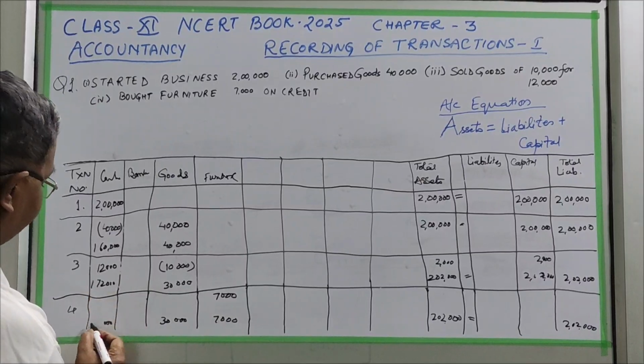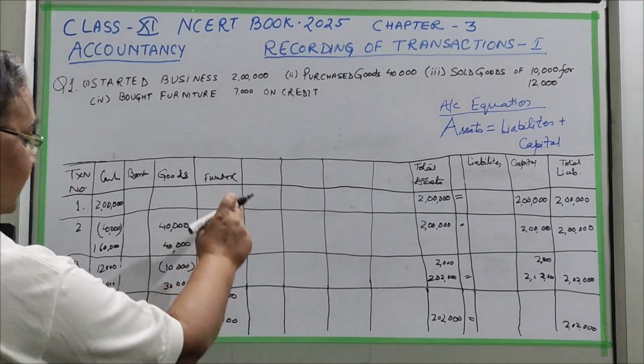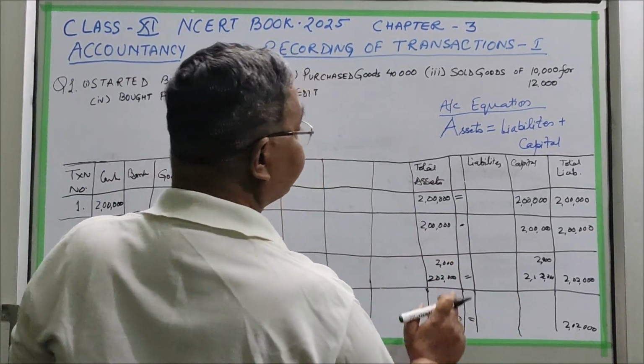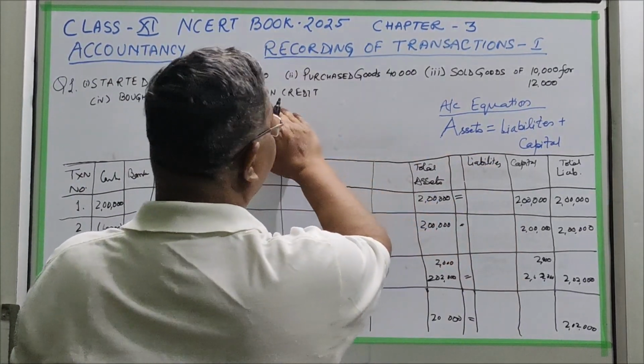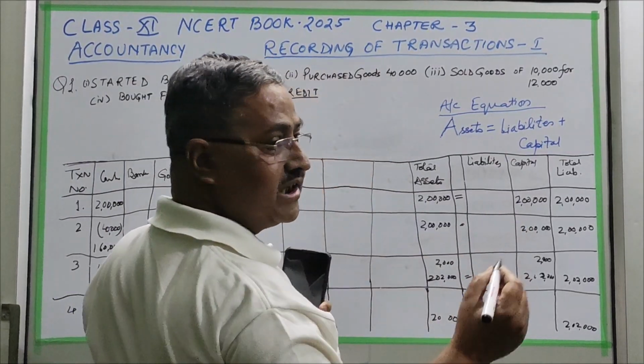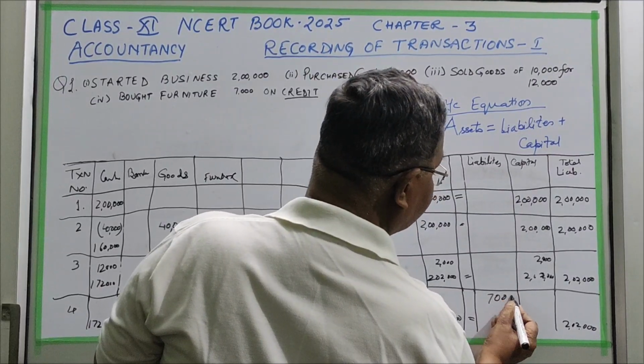It means its balance will remain 1,72,000. But you have bought 7,000 rupees of furniture. In such cases, what will happen? Because you have purchased on credit, it means some liability to an outsider has increased. So your liability will increase by 7,000.